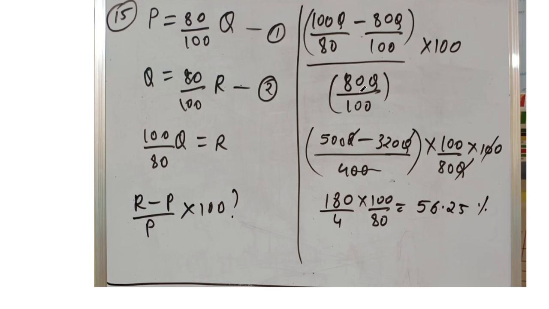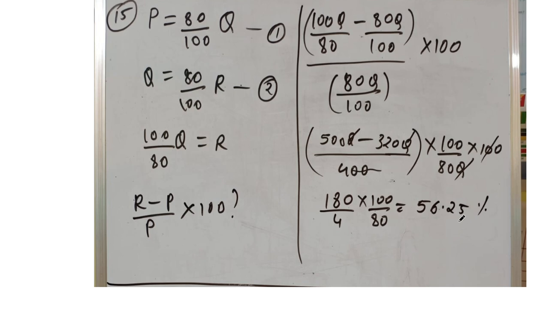When we take the LCM, it will become 400 in the numerator, and when you multiply, you are going to get 500 Q minus 320 Q. How we got this: 80 Q by 100, if we take it to the numerator, it will become 100 by 80 Q. So Q gets cancelled, two zeros get cancelled.